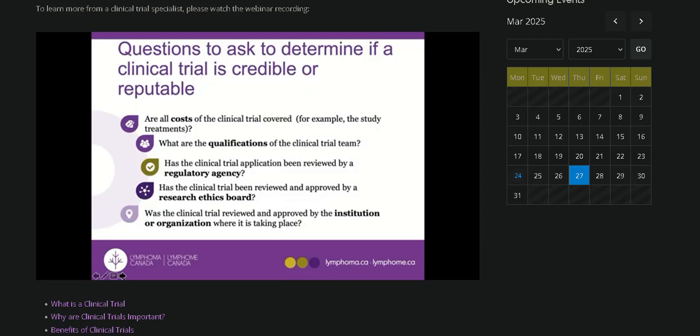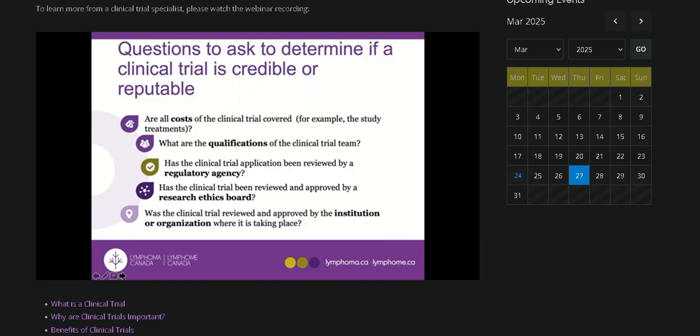There are questions to ask about whether or not a trial is actually credible or reputable. First of all, all of the costs of the trial should be covered. So you should not be asked to pay to access the intervention.